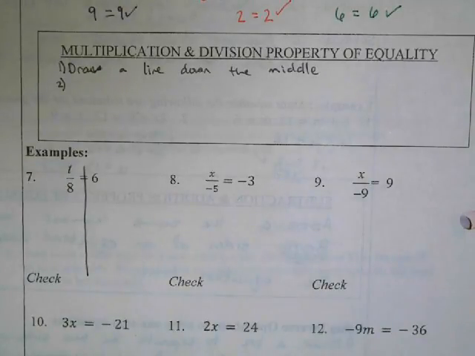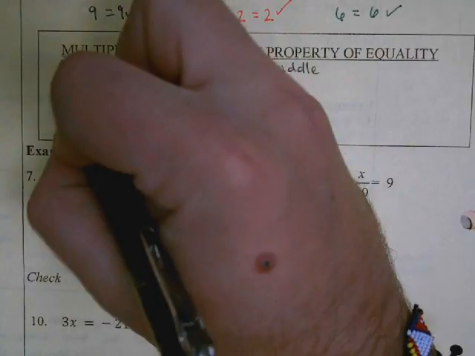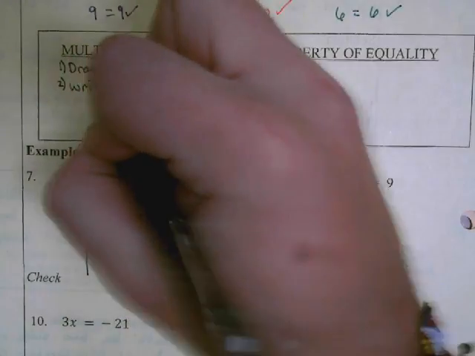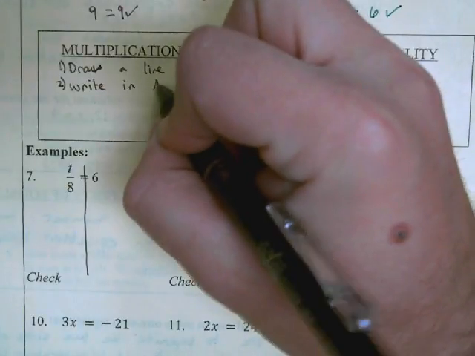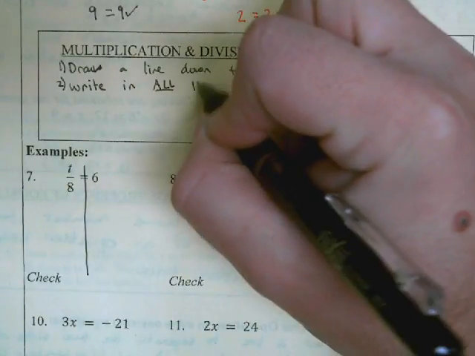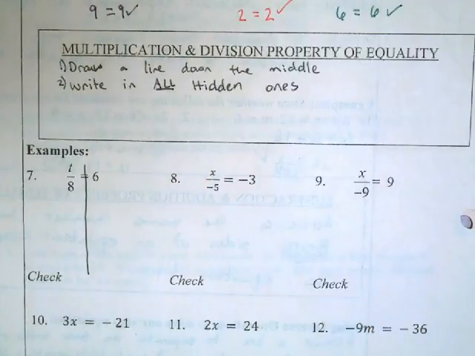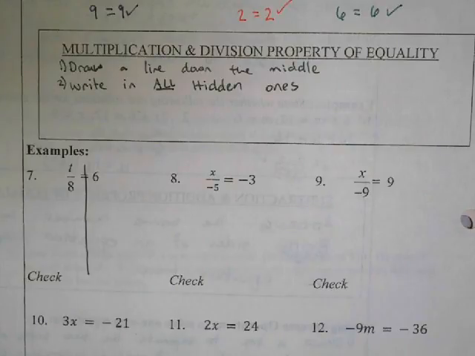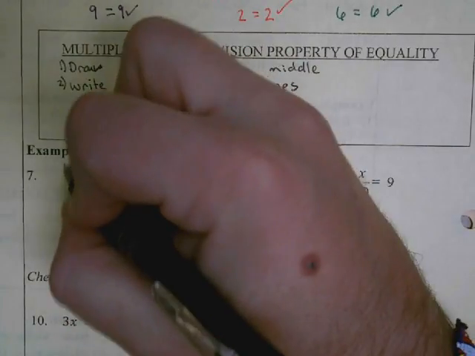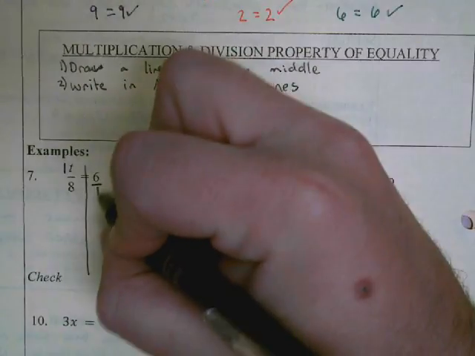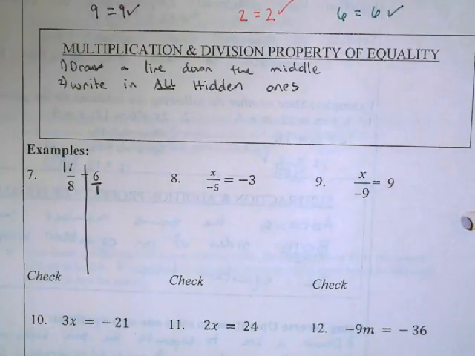Step 2 is write in all hidden ones. So the way that works is we have our hidden ones that are next to our variables, and we have our hidden ones that are underneath our constants.